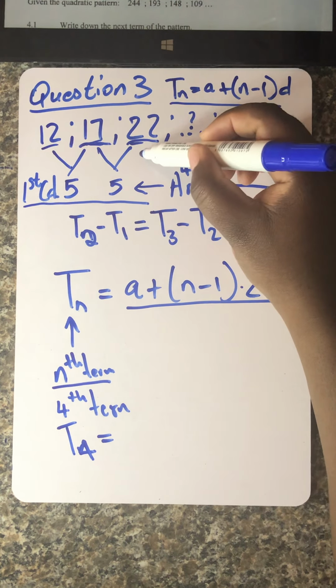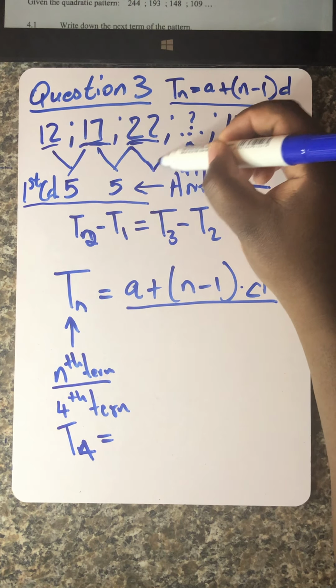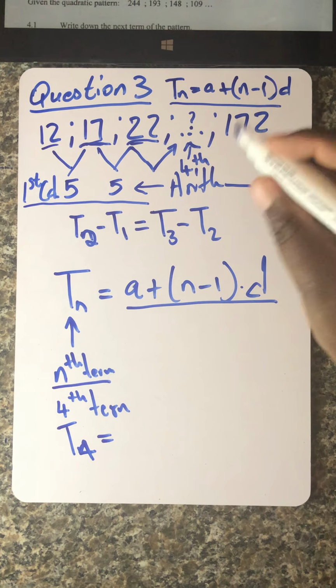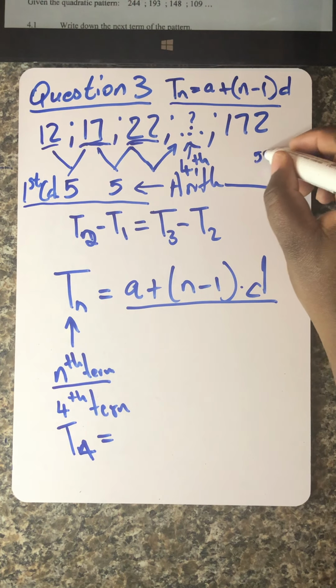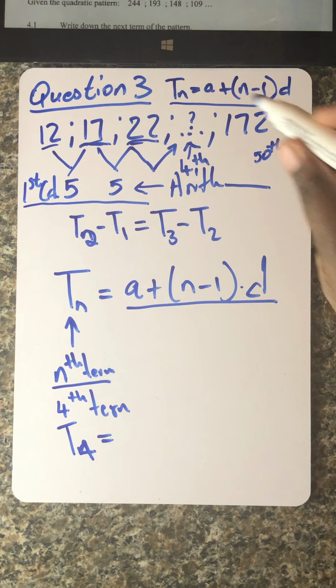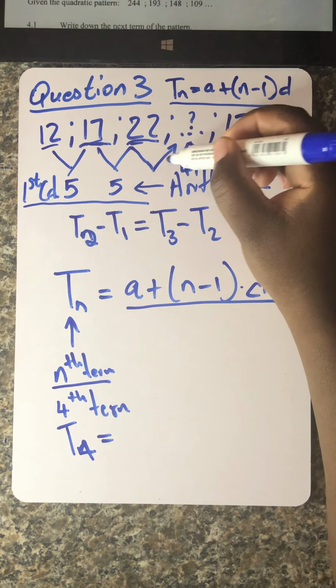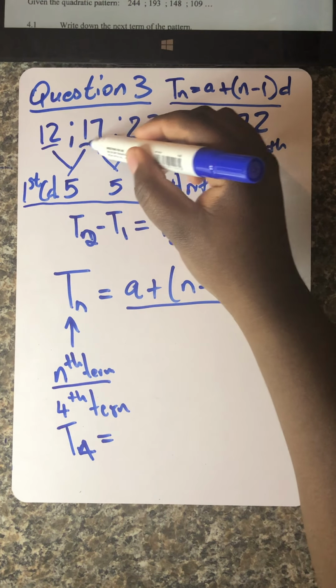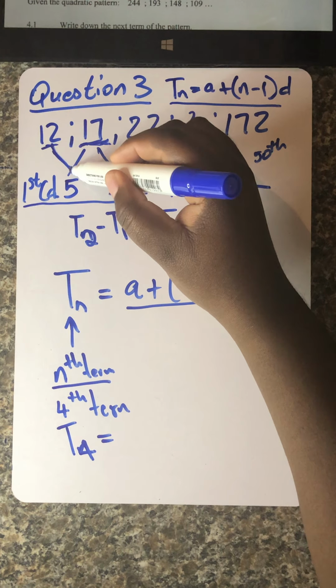So we can still make use of the first difference to know what the fourth term is. But in some instances, you might find that they want you to calculate maybe the 50th term. You can still do it manually by just adding. Obviously, for you to get 17 from 12, you add 5.